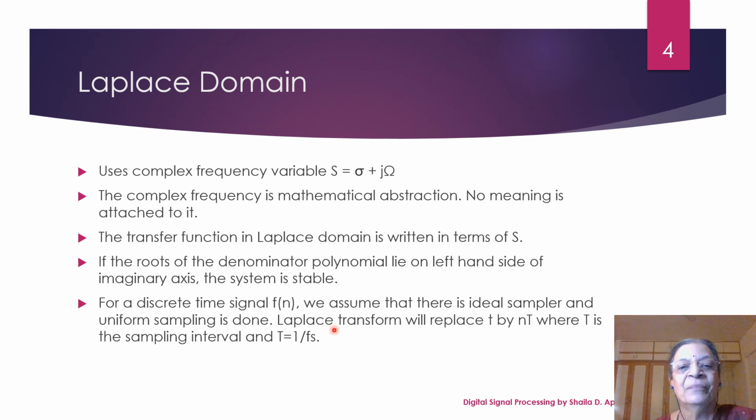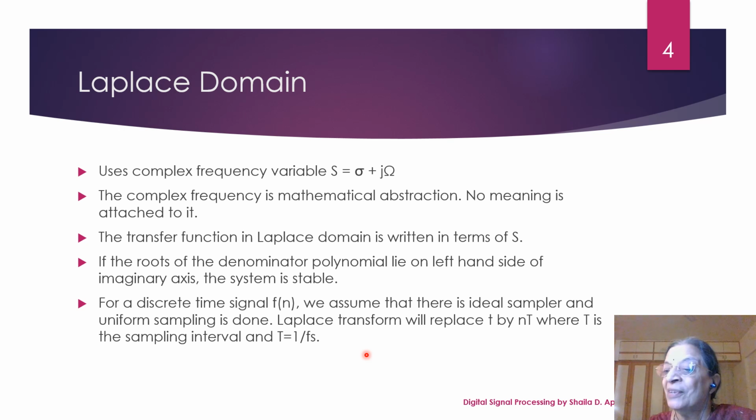In case of discrete time signal, we will be assuming that we are using an ideal sampler, meaning the sampling takes place only at a particular instantaneous point.